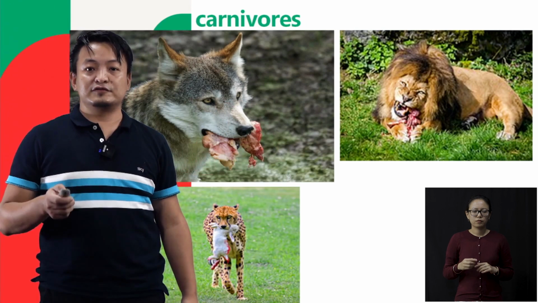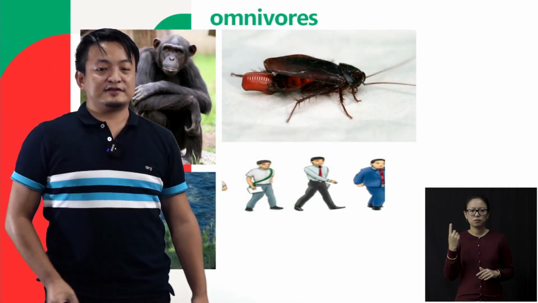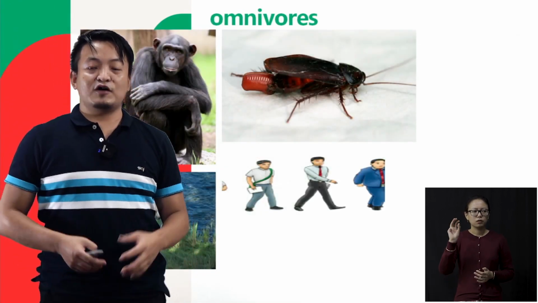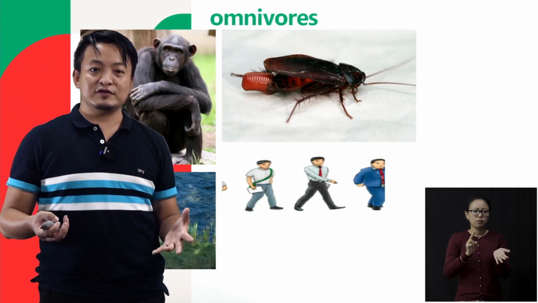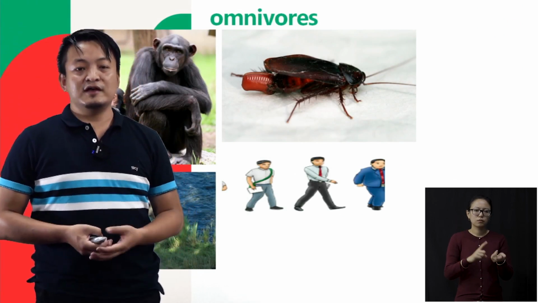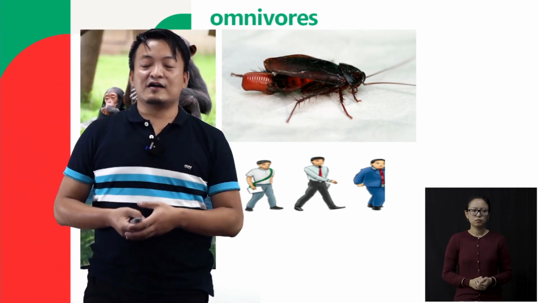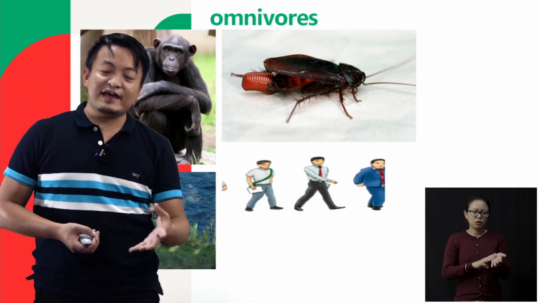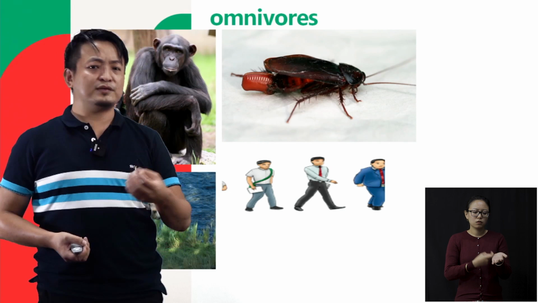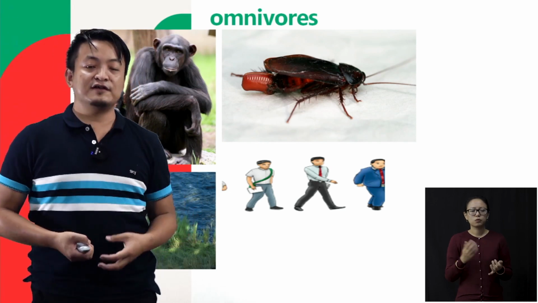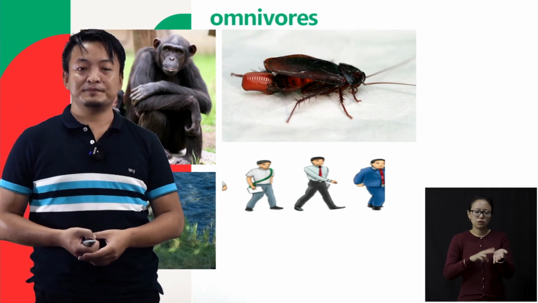Now, students, the third type of animal is omnivores. Omnivores are those animals that depend on both plants and animals for survival.